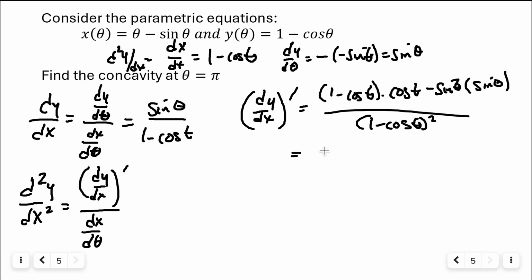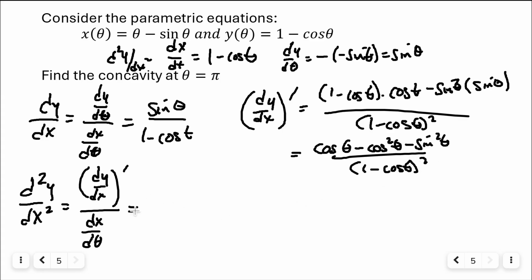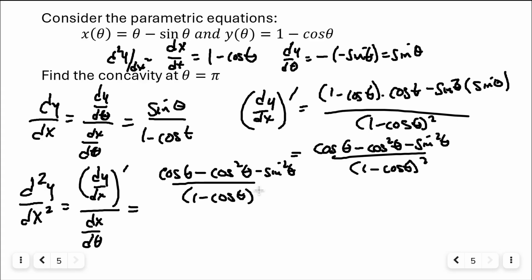So that's going to be cosine theta minus cosine squared theta minus sine squared theta, all over (1 minus cosine theta) squared, all over dx/dθ.